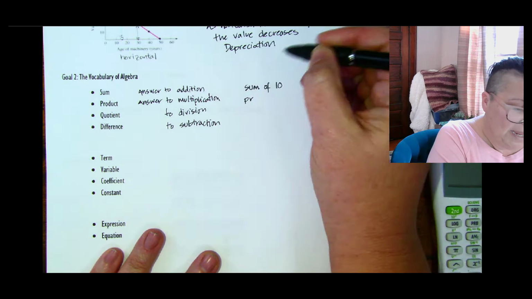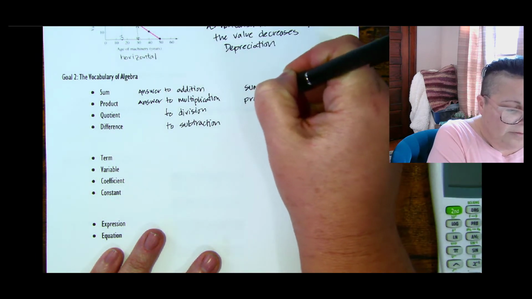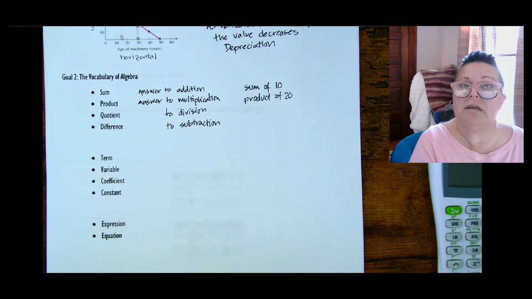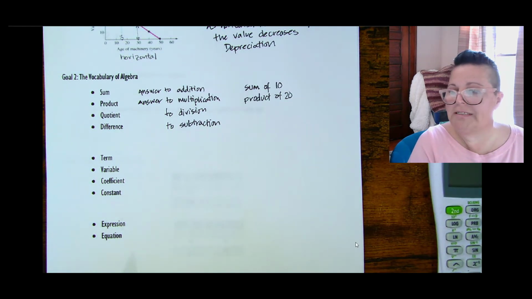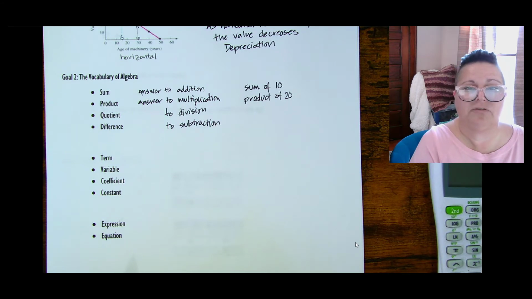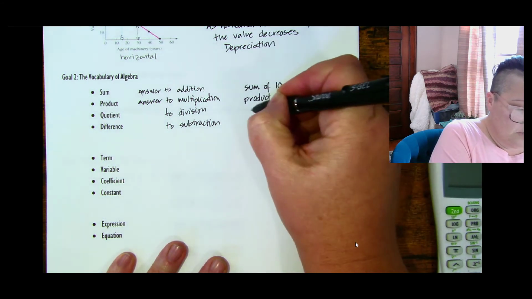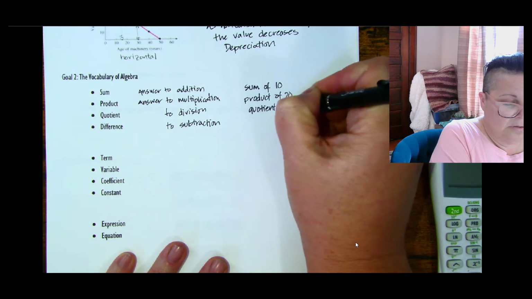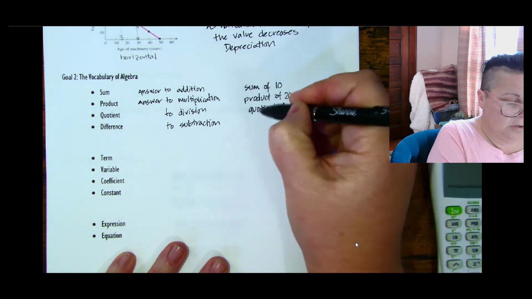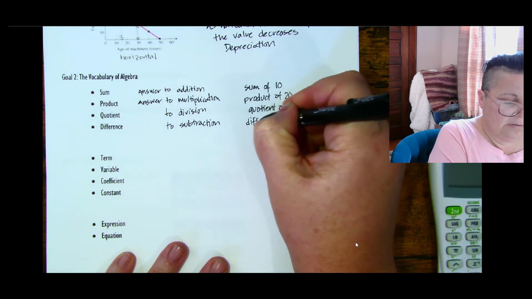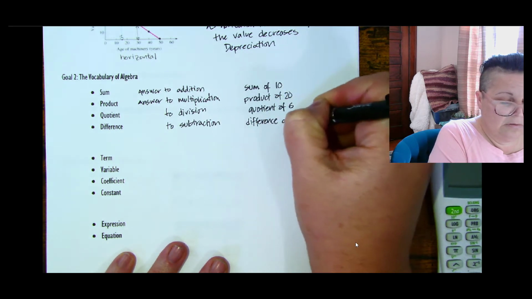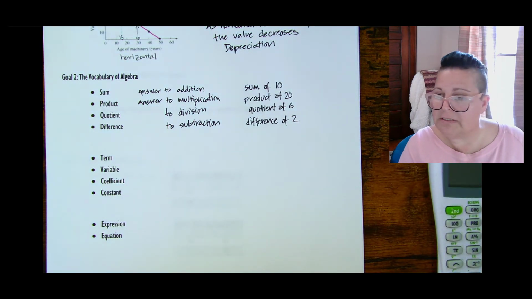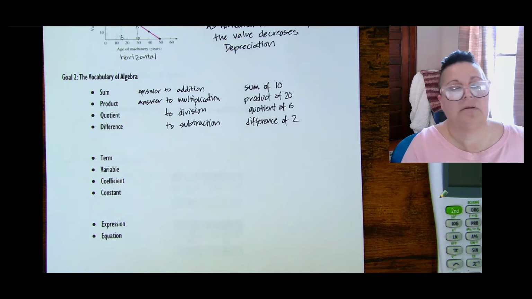So if we ask you what numbers have a product of 20, I'm asking you what numbers, when multiplied together, will have a product of 20. What numbers will have a quotient of 6 or a difference of 2? Each one of these references a different number.